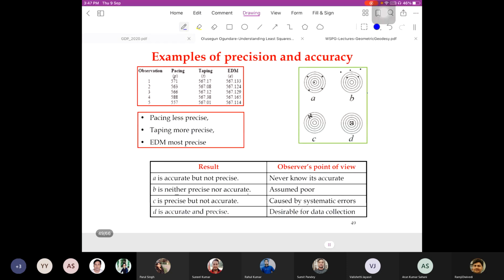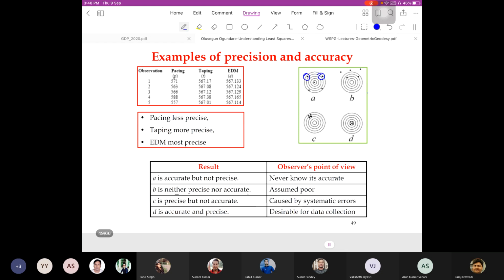So in the case of A, you could already understand that A is accurate but not precise. Why? Because precision is about closeness among observations, and accuracy is nearness to the true value.